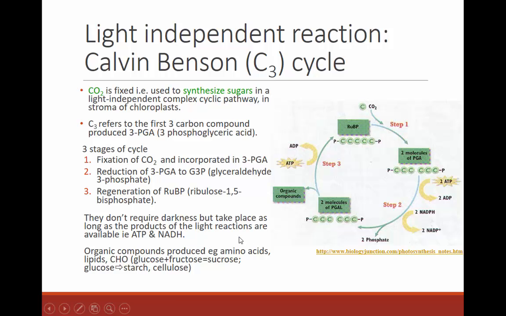The compounds that are produced are things like amino acids, lipids, and carbohydrates. Also CHO are carbohydrates, things like glucose and fructose, and lots of glucose joined together. It could be starch or cellulose being produced depending on where it's being fixed.